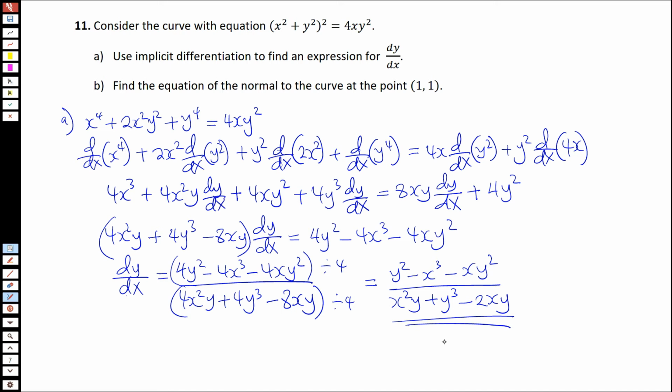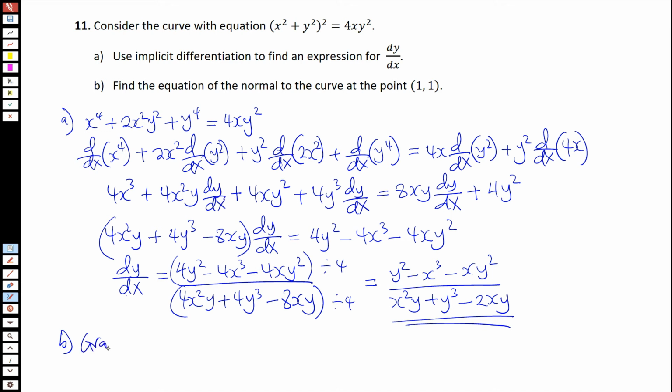Now for part B, we want to find the equation of the normal to the curve at the point (1, 1). So to find the equation of the normal, we have to know the gradient of the tangent at that point, or the gradient of the curve at that point. So we can start by finding the gradient of the tangent, which is the same as the gradient of the curve at that point.